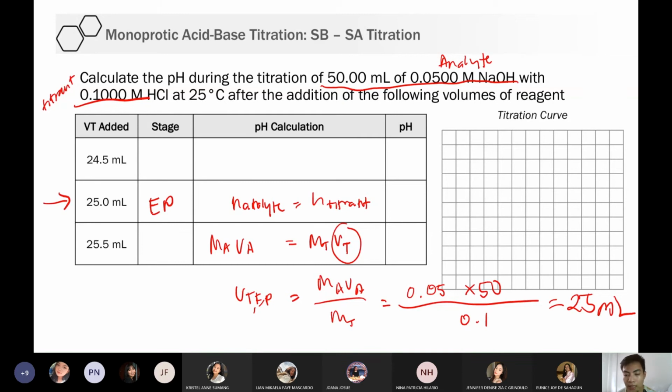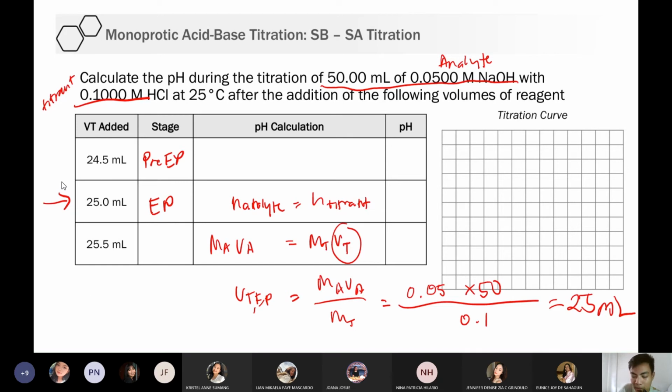No. Yun yung una nyong gagawin. Okay? So, ano una nyong gagawin? Alamin ang volume of titrant at equivalence point. Because from that, you can assign the different stages na initial, pre-equivalence, equivalence, and post-equivalence. Ito, less than 25. Edi ano to? Pre.